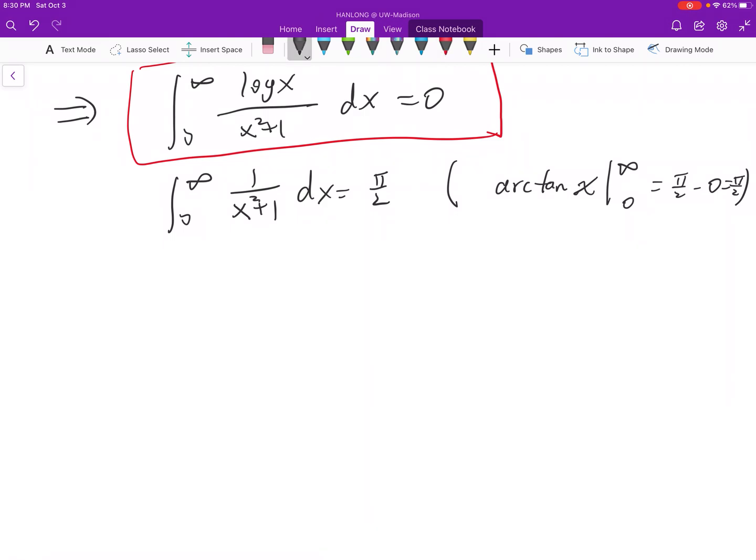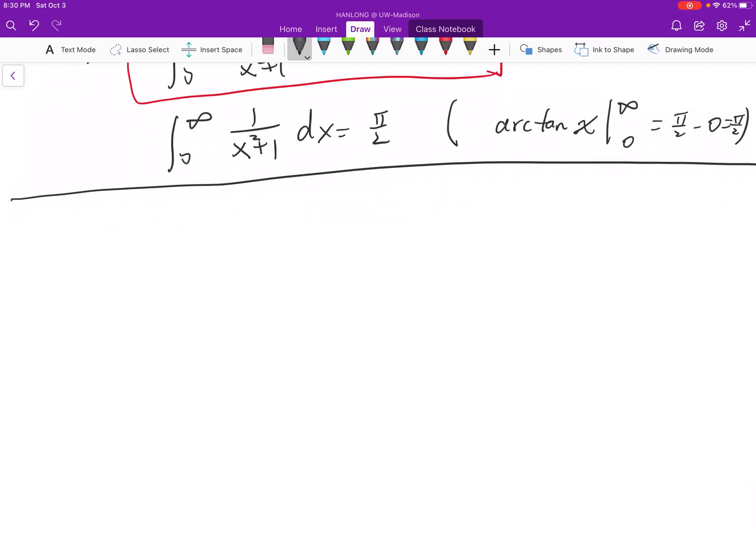Okay, this is the first method, which is pretty straightforward. You only need to estimate some error term, although it's not easy. Okay, next we introduce method 2, which is more involved.